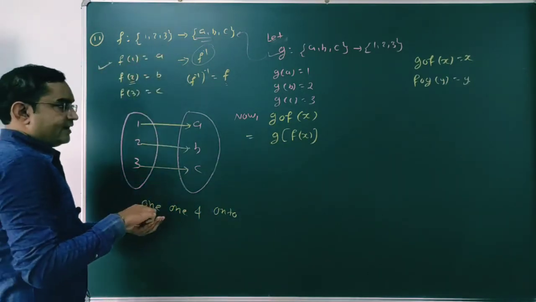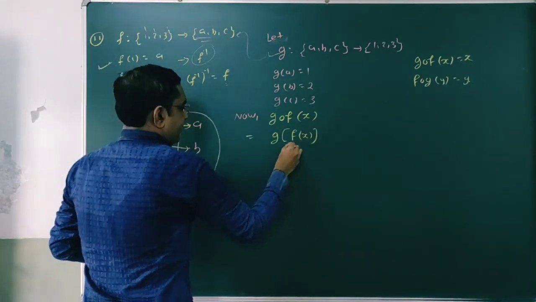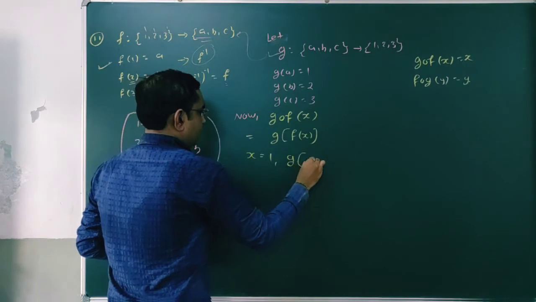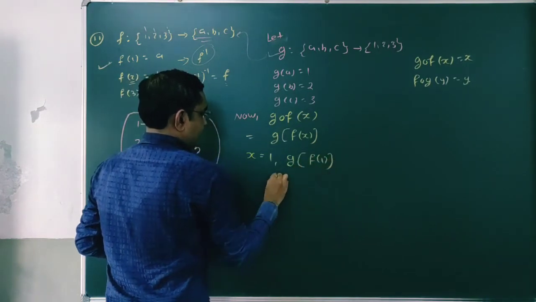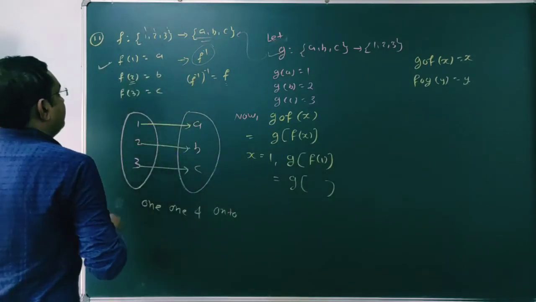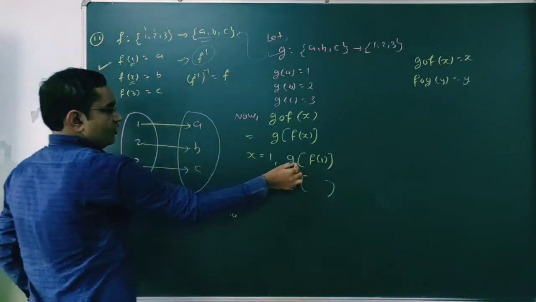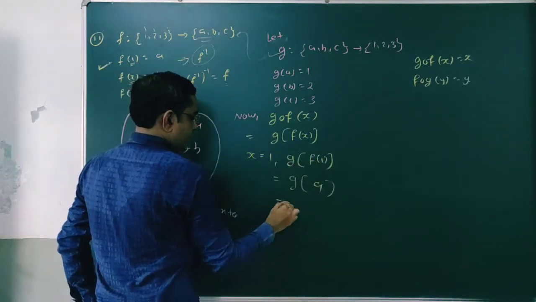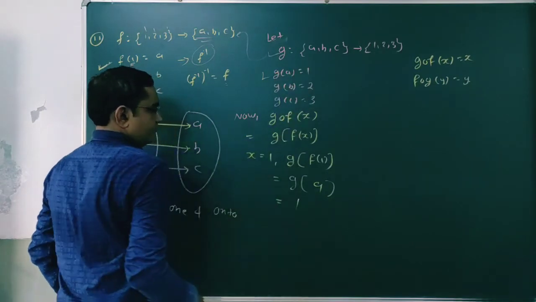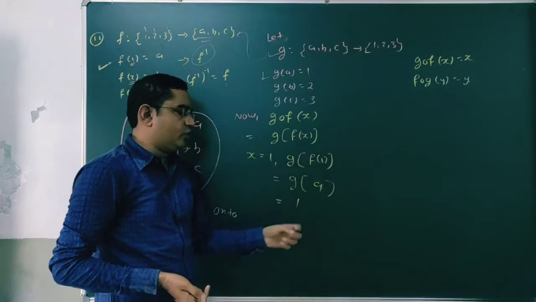So our x can take different values 1, 2 and 3. If we take x equal to 1, it will be g of f of 1. So what is g of f of 1? f of 1 is already given. The image of the element 1 is A, so f of 1 is A. And we have assumed that g of A is 1. So here we can say g of f of 1 equal to 1.